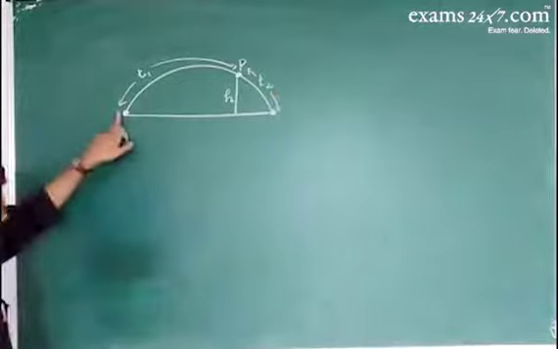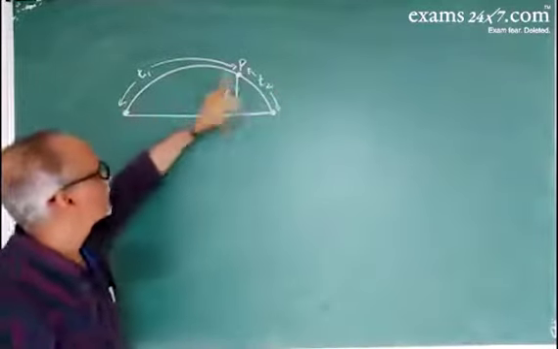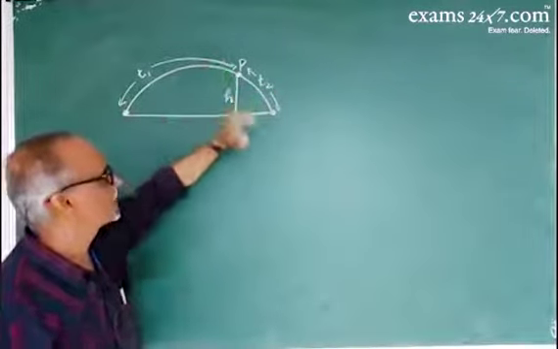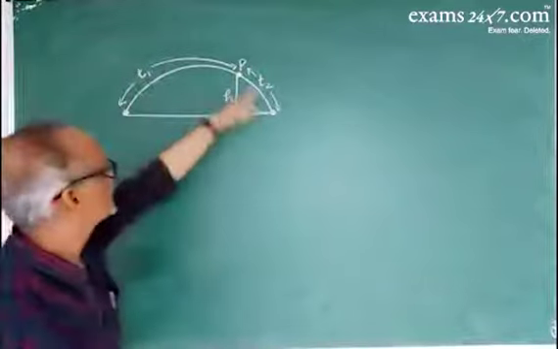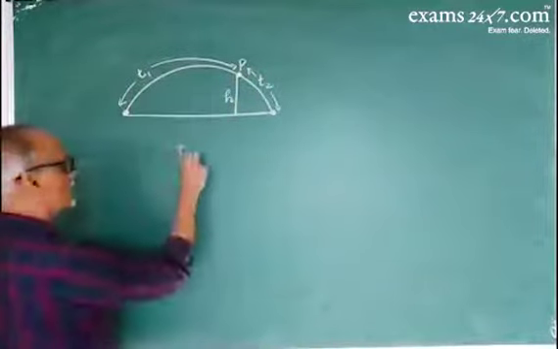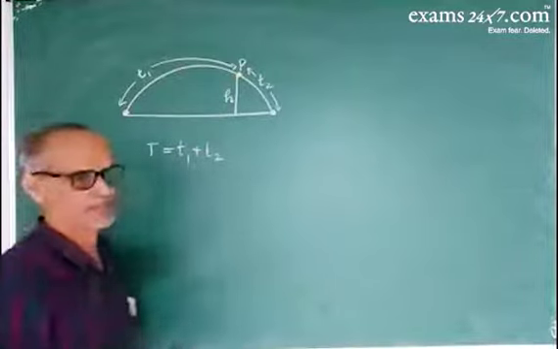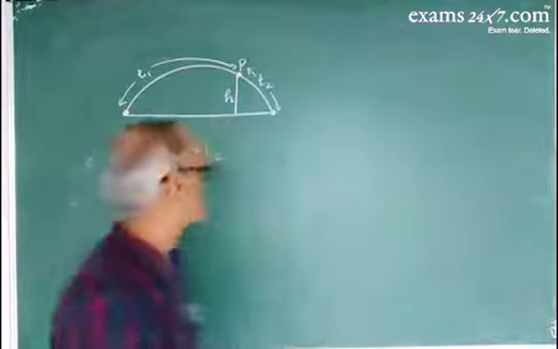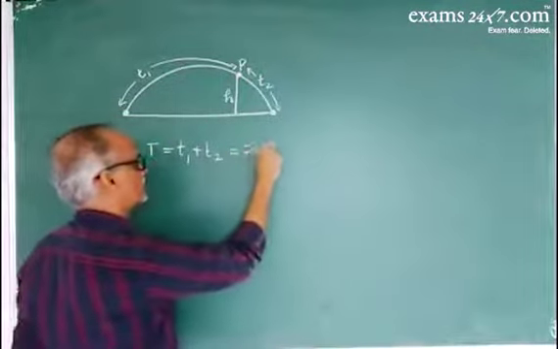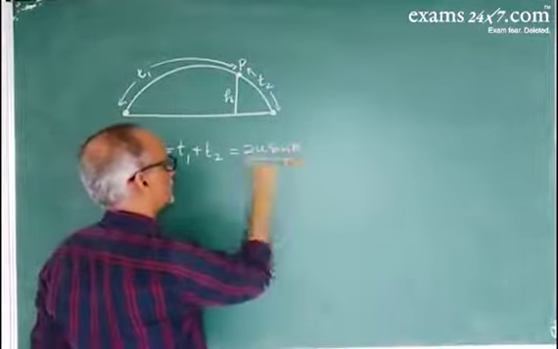So from the point of projection to reach the point P, it takes time t1, and from the point P to reach the ground, it takes time t2. If you see the diagram here, t1 plus t2 has to be the time of flight, the total time taken by the projectile to complete the path. That is equal to 2u sine theta by g.